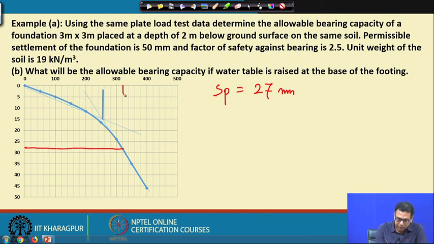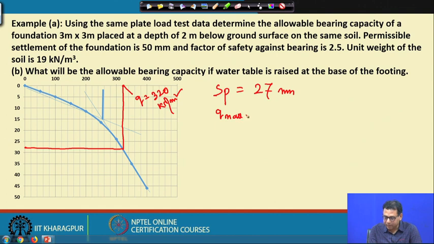Corresponding Q is 320 kilonewton per meter square. So, the Q net ultimate or net allowable is equal to 320 kilonewton per meter square.